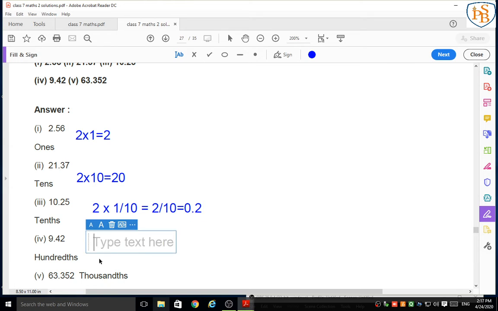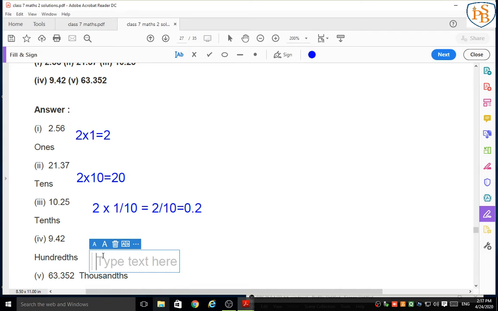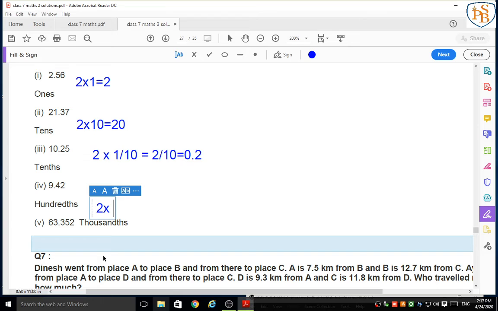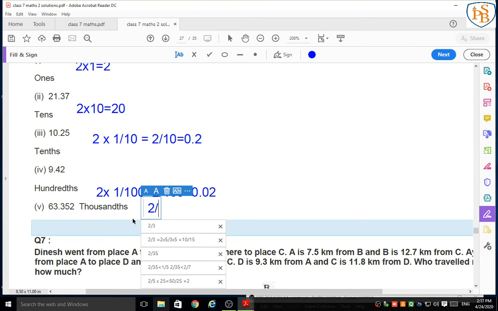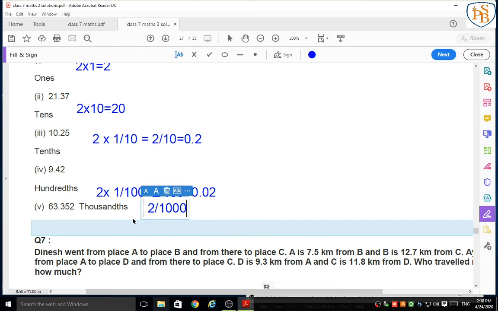Again in 9.42, 2 is at the hundredth place, so 2 into 1 upon 100, so 2 upon 100, so 0.02. And in 63.352, 2 is at the thousandth place, so directly I can write 1 upon 1000, so my answer will be 0.002. Do you get this?